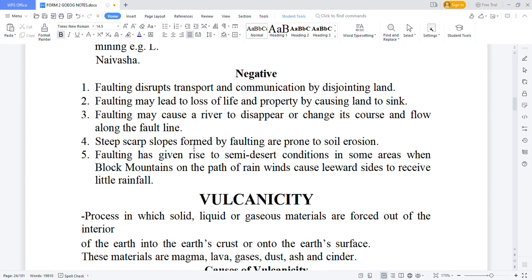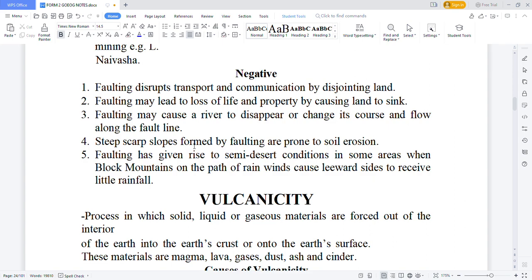Number 1. Faulting disrupts transport and communication by disjoining land. Number 2.